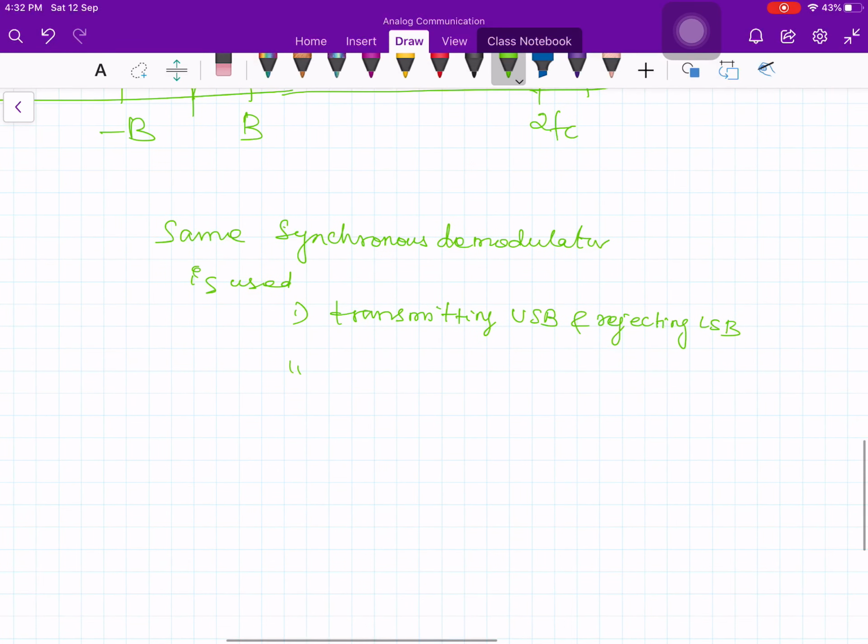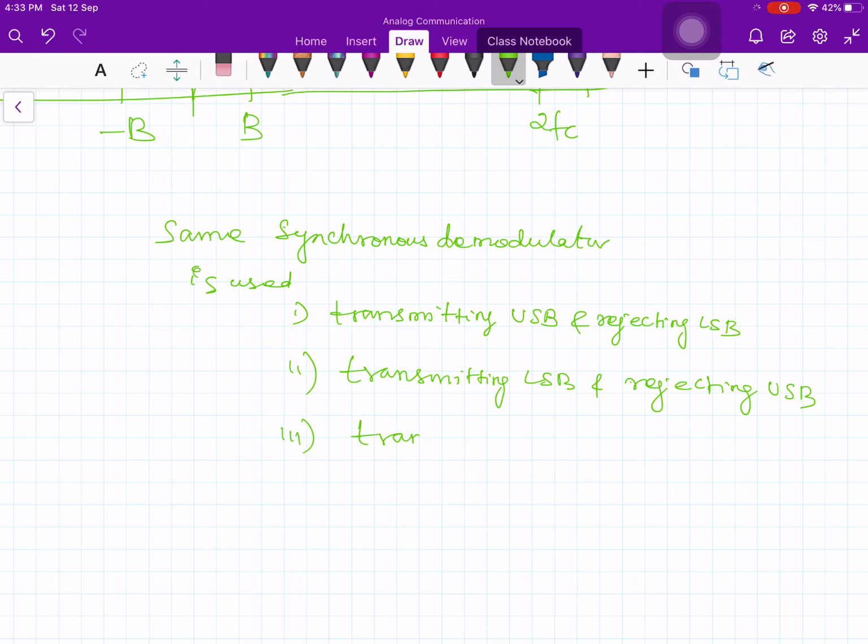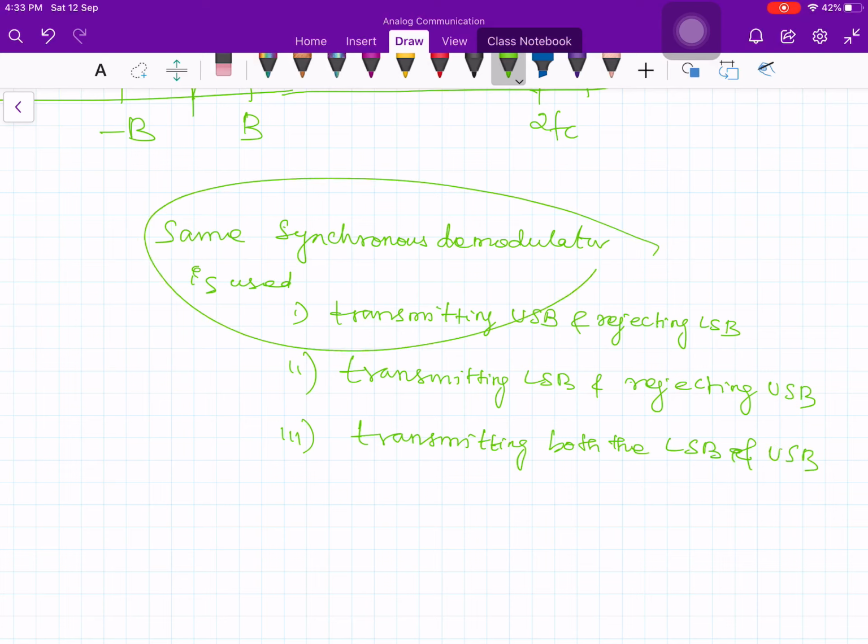Similarly, transmitting lower sideband and rejecting upper sideband, or transmitting both the lower sideband and upper sideband, the same synchronous demodulator will be used. Okay, so please convince yourself.